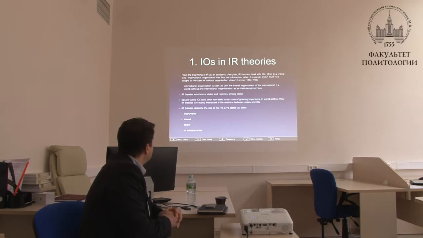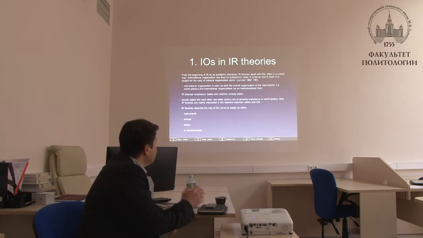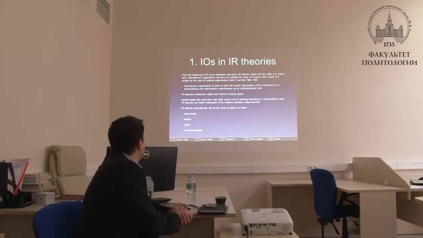One of the very early citations we find is by Lorimer, an international lawyer from the 19th century. Here he said international organization has thus no substantive value. It is not an end in itself, it is sought for the sake of national organizations alone. This is, by the way, a basic understanding of realist thinking as well.